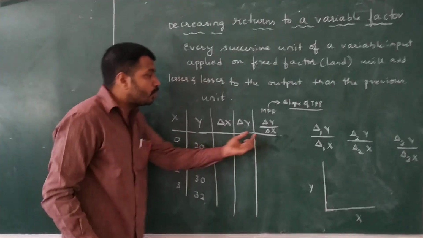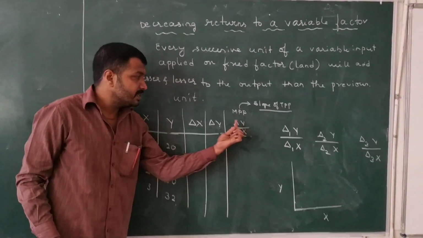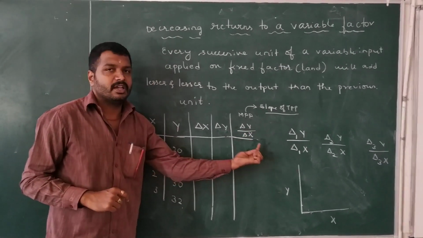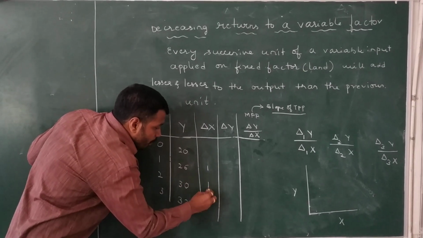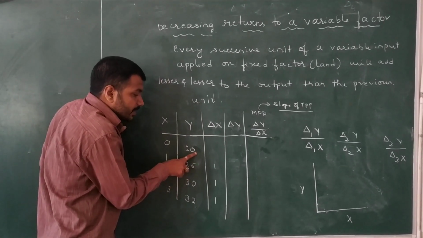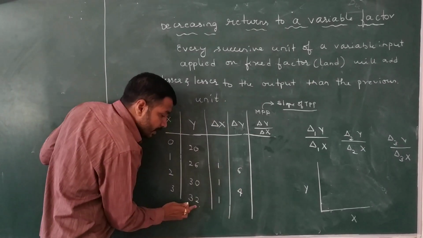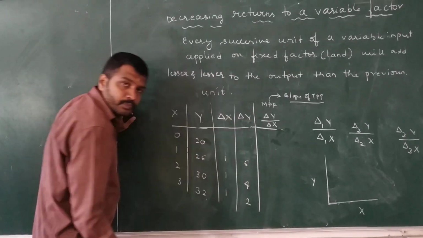That will be understood only when we estimate MPP, that is, when we estimate the response part, the incremental change in output to incremental change in input. So here the incremental change in input will be 1, 1, 1. And the incremental change in output is 26 minus 20, that is 6; 30 minus 26, it is 4; 32 minus 30, it is 2.